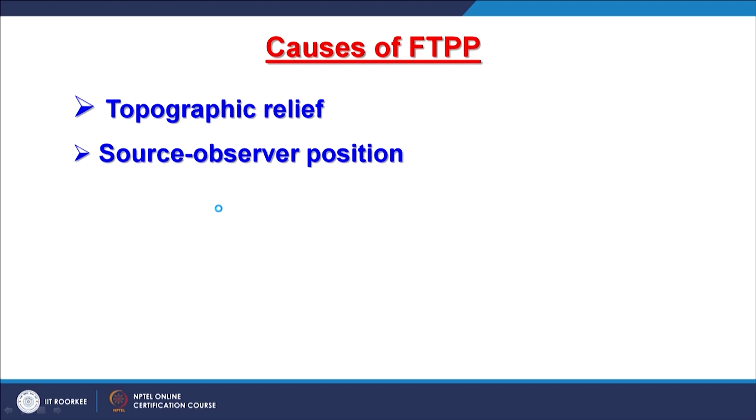In normal remote sensing images, these satellites acquire images somewhere between 9:30 and 10:30 local time, and at that time the sun is in the southeast quadrant, and the observer, when he keeps the image north upward, is also in the same hemisphere, the southern hemisphere. When this arrangement is there and the image belongs to a hilly, rugged terrain, then we are bound to see FTPP. We will see more on this.